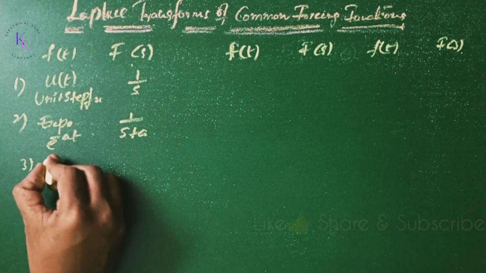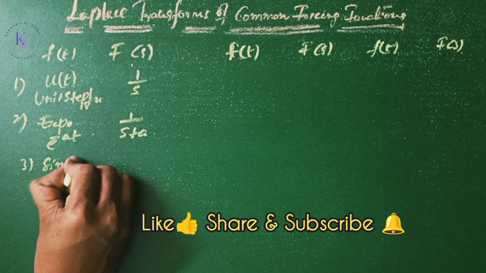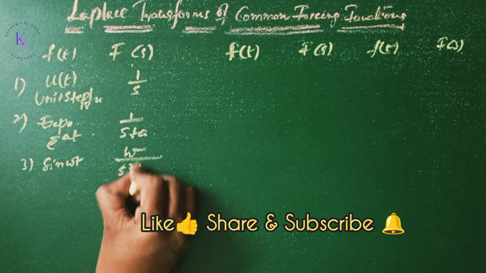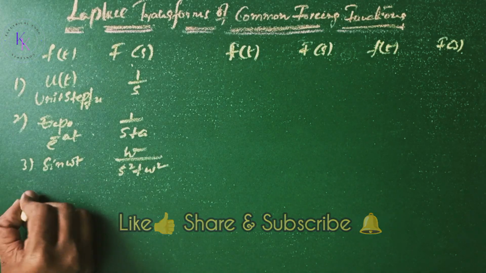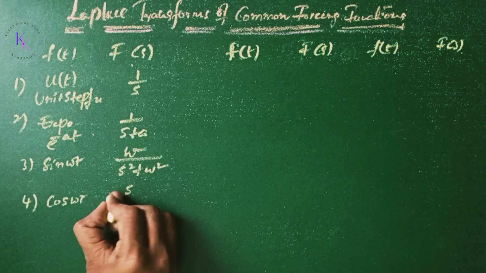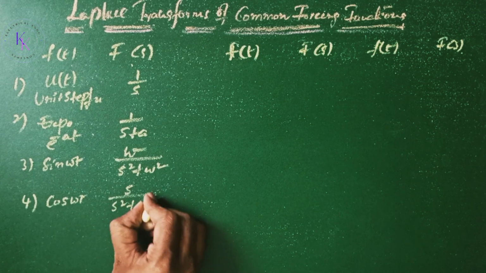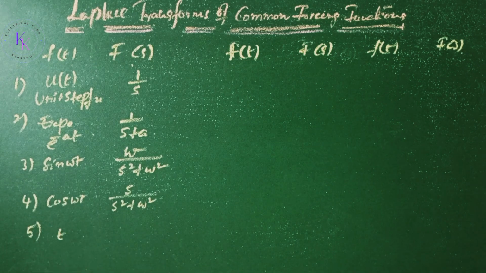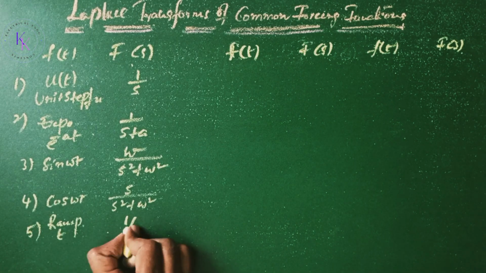The third one is the sinusoidal function, sin omega t, for which we got omega by s square plus omega square. And the fourth one, sinusoidal function cos omega t, for which we got s divided by s square plus omega square. The ramp function, that is t, we got 1 by s square.